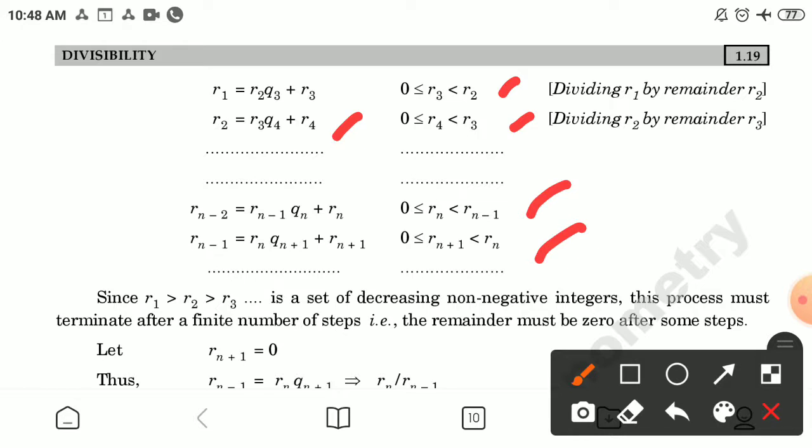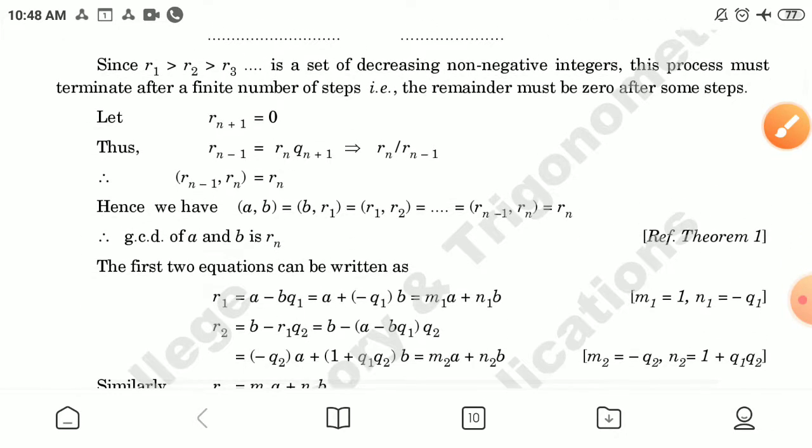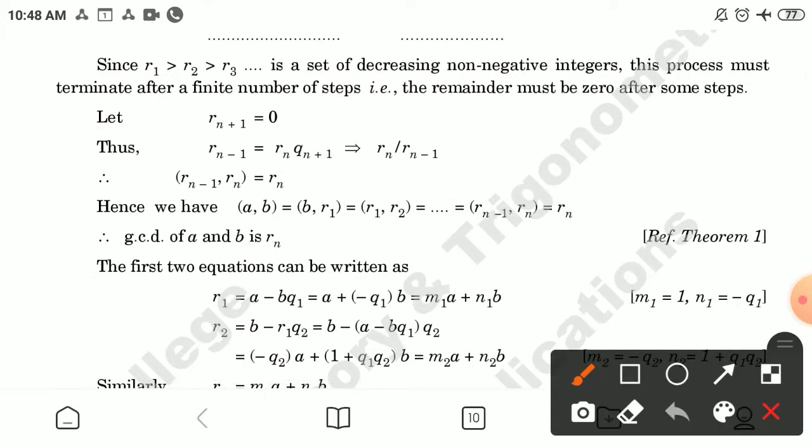Next one is r(n-1) = rn q(n+1) + r(n+1), where r(n+1) is between 0 and rn. Continuing like that, since r1 is greater than r2, and r2 is greater than r3, this is a set of decreasing non-negative integers.